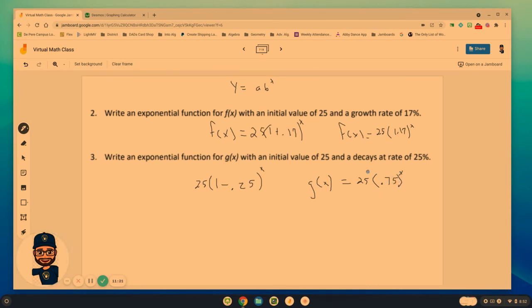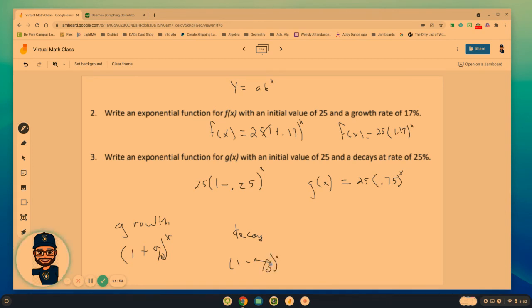Its growth factor was a decay of 25%. So if it's growth, it's going to be 1 plus that percentage to the power of x. And if it's decay, it is 1 minus that percentage to the power of x.